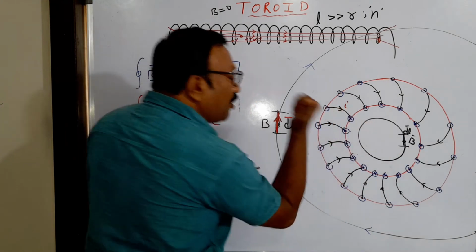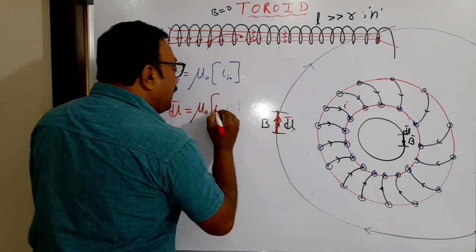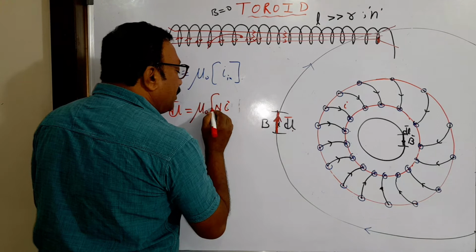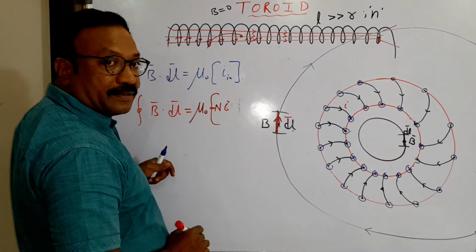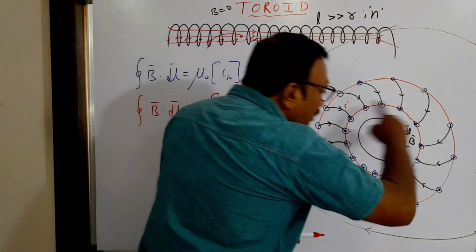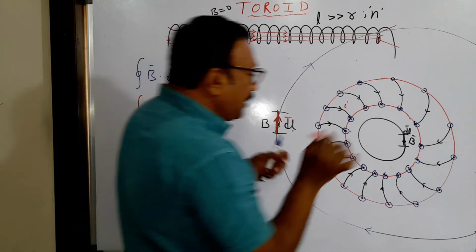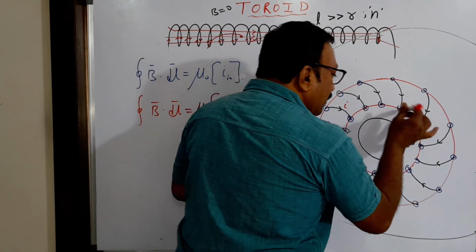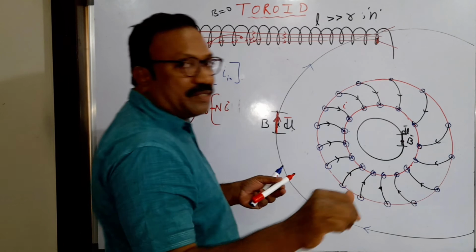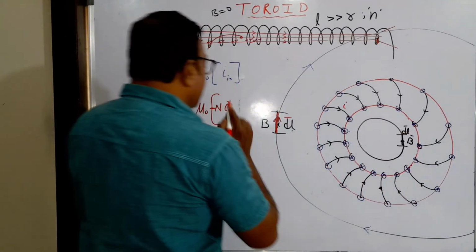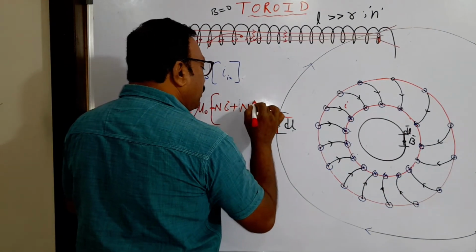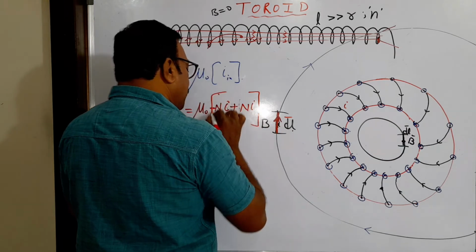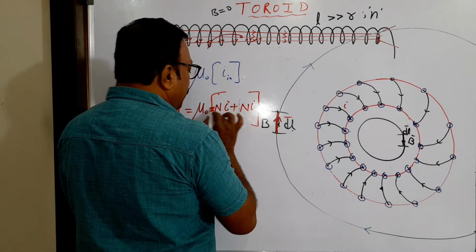Inward current is positive, outward current is negative. So this is N times I, but with a minus sign. Next, these currents I also have to take. This current is inward. Inward is positive. How many times? N times. Plus N into I. This is minus.